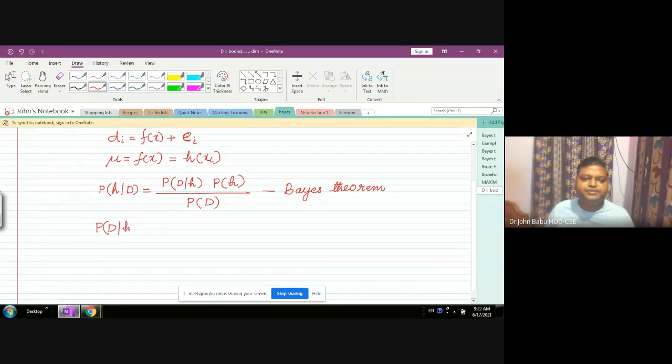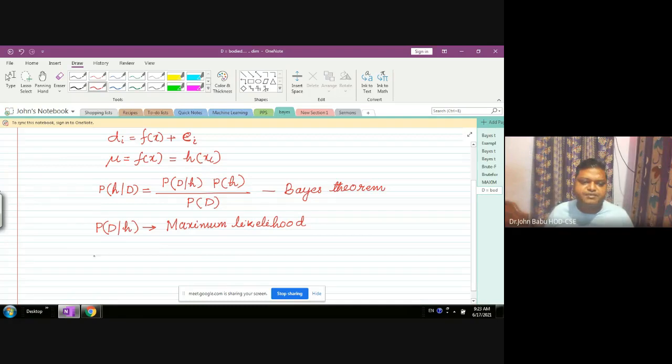We should not say "by", okay? Probability of data given the H. So this is called maximum likelihood. And we know that probability of H is called prior probability, and probability of H given D is called posterior probability.